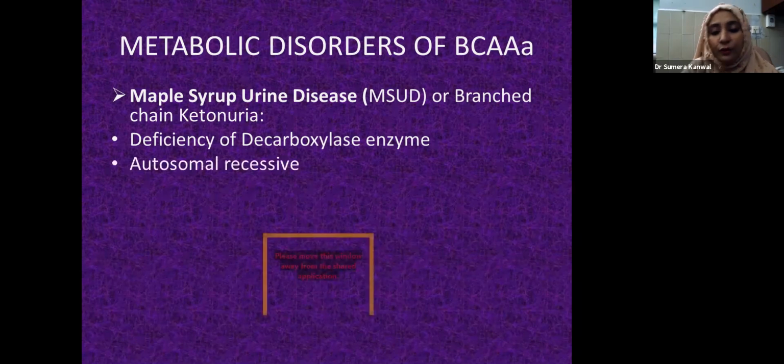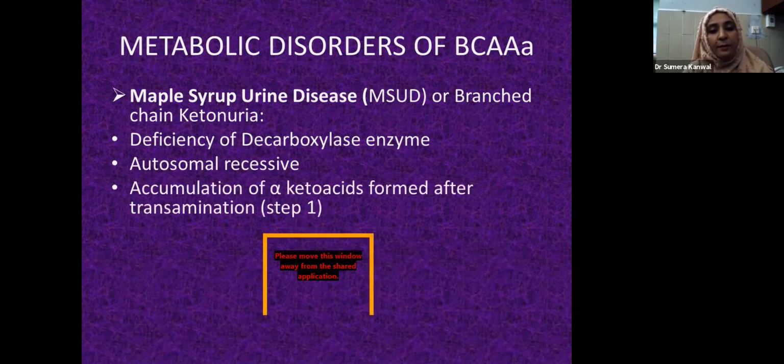It is an autosomal recessive disorder because of the mutation in the gene that synthesizes the decarboxylase or dehydrogenase enzyme. So the accumulation of alpha keto acids comes from the transamination of these amino acids.